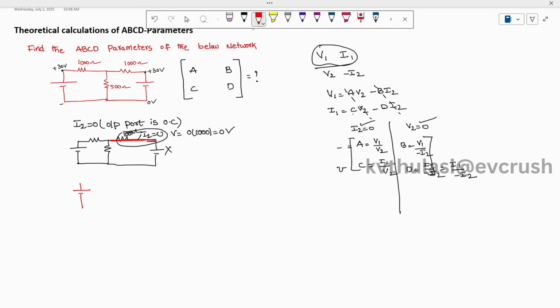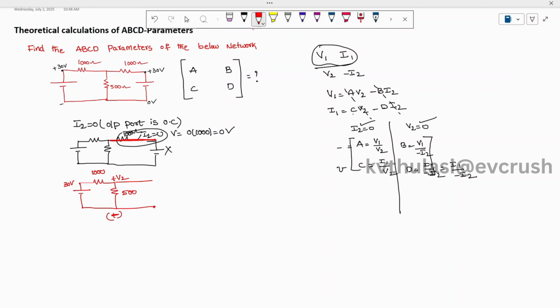Now I'm redrawing the network. This is the voltage source, with a voltage of 30 volts, a resistor and one more resistor here, and this branch is completely shorted. The voltage we have here is available as plus and minus, and the resistance of this one is 1000 and the resistance of this one is 500.